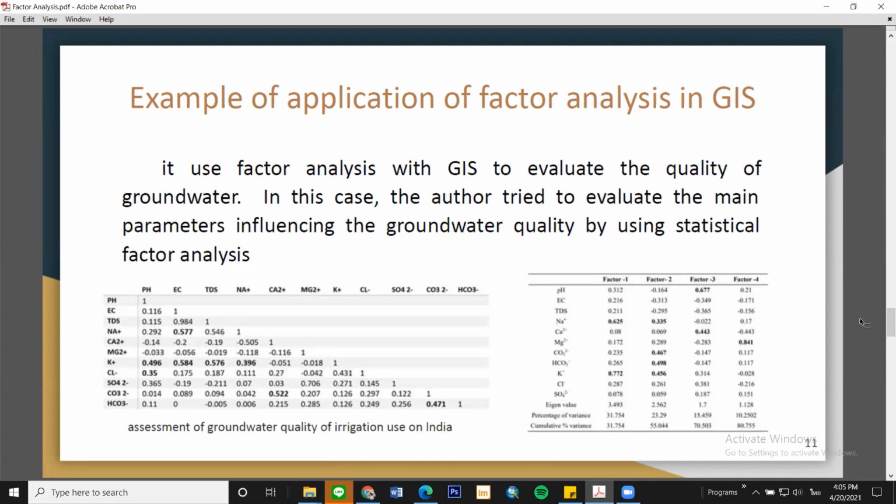Why do we make the collinearity matrix in factor analysis? Bunthon? Professor, I think it is used to find the relationship between those vectors. Yeah. Thank you. I think that is the correct answer.